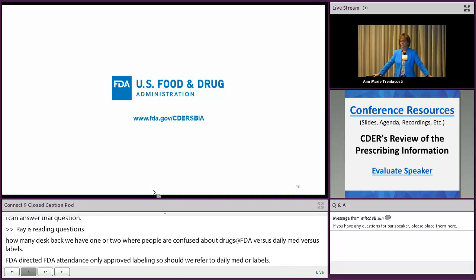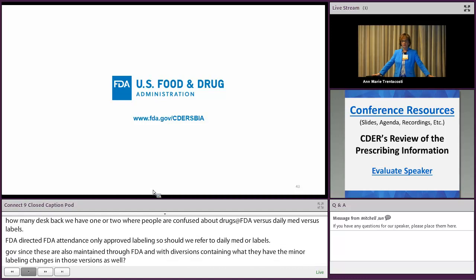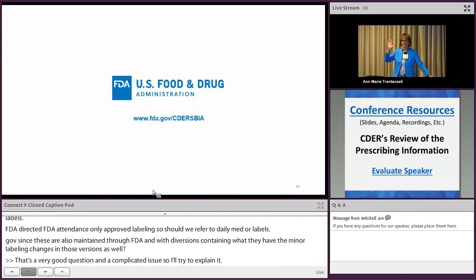That's a very good question, and it's a very complicated issue, so I'll try to explain it. So when we approve a product, the labeling that's attached to the approval letter is in PDF, and that labeling goes to Drugs@FDA. That is approved FDA labeling, except, as I mentioned, not all supplements or minor supplements are going to be posted to Drugs@FDA. However, any new NDA, BLA, or efficacy supplement should be.